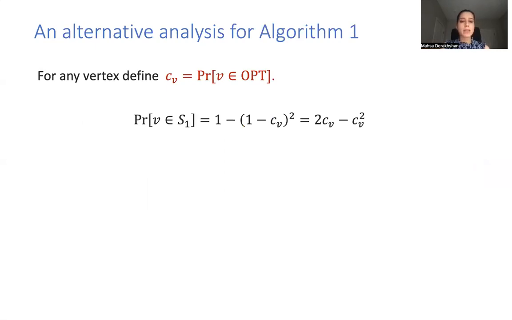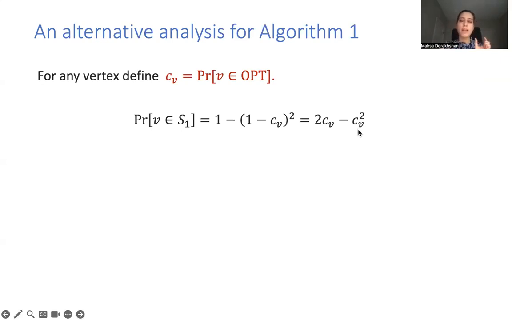Now we can see that the probability that this vertex is outputted by algorithm 1 is 1 minus the probability that it doesn't show up in any of the 2 vertex covers that we took. Because each of these 2 vertex covers comes from the same distribution as opt, the probability of this vertex being in S1 would be 2C_v minus C_v squared.